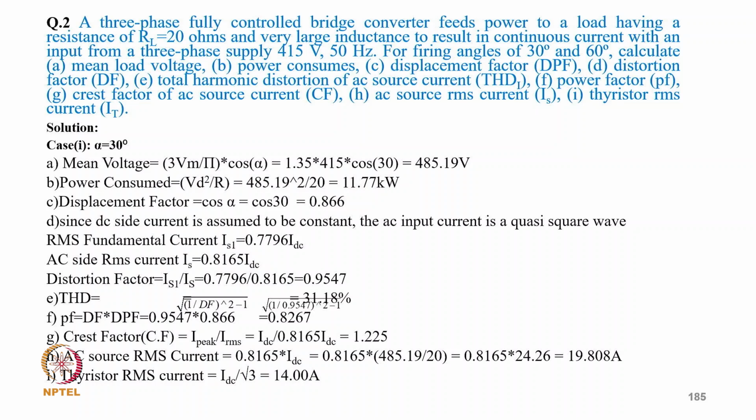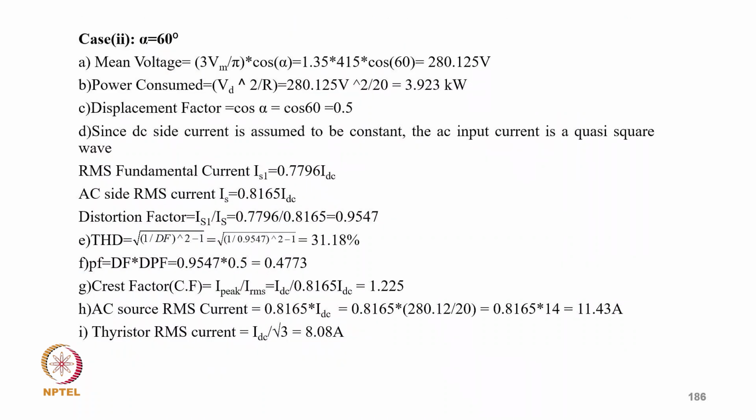The AC line RMS current is Is equal to 0.8165 Id. So the distortion factor Is1 upon Is, putting in the values, comes to 0.9547, and the total harmonic distortion, the square root of 1 upon df square minus 1, comes to 31.18. The power factor is df into dpf, which comes to 0.8267, and the crest factor Ip upon RMS comes to 1.225. The AC RMS current comes to 19.808, and the thyristor RMS current Id by √3 is 14 ampere.